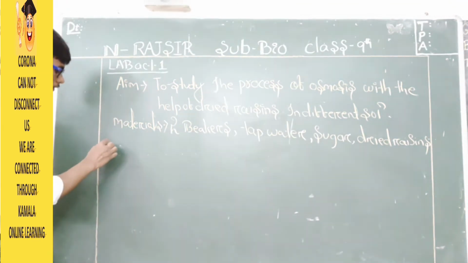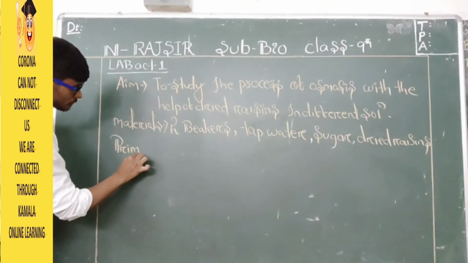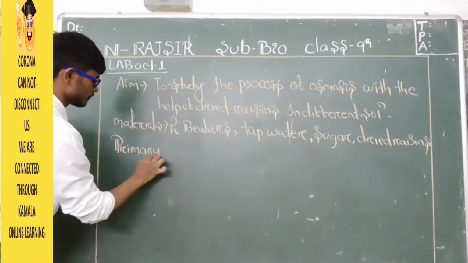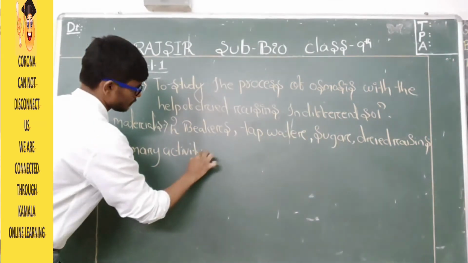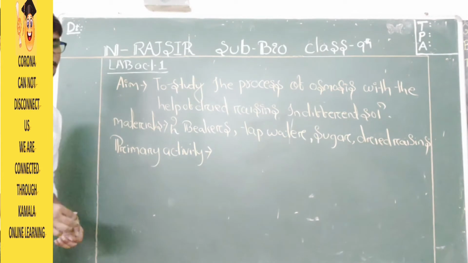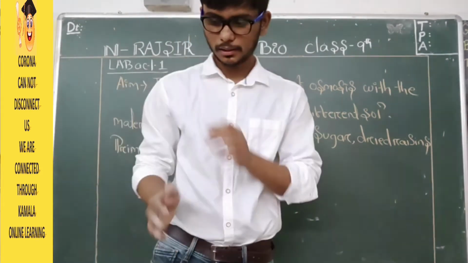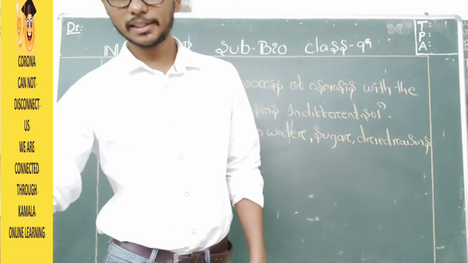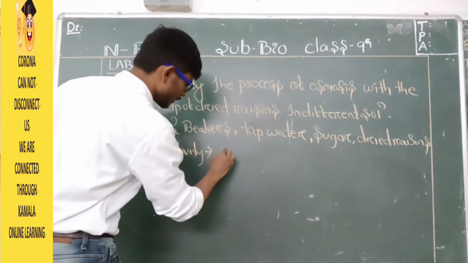First, you will do the primary activity. First of all, we will conduct the activity, then we will see what exactly is happening. So let us understand how this activity goes on. We will take a beaker.